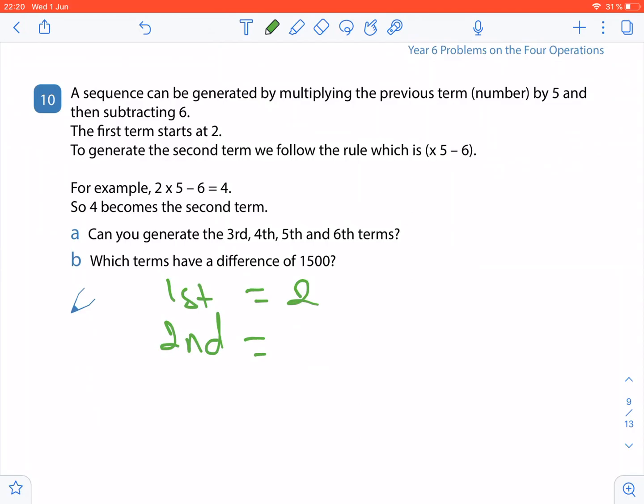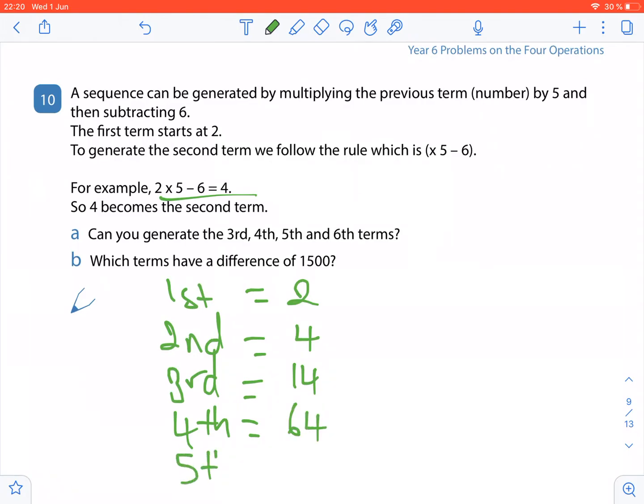Then take away 6 gives us 4. Third term would be 4 times 5, which is 20. Take away 6, which is 14. Fourth term would be 14 times 5, which is 70. Take away 6 is 64.